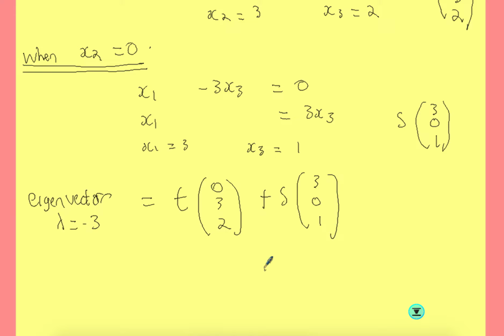And what we should always say is that T and S are not equal to 0. For any eigenvector, T is not equal to 0, because it would stop it being a vector and it would make it the 0 vector instead.